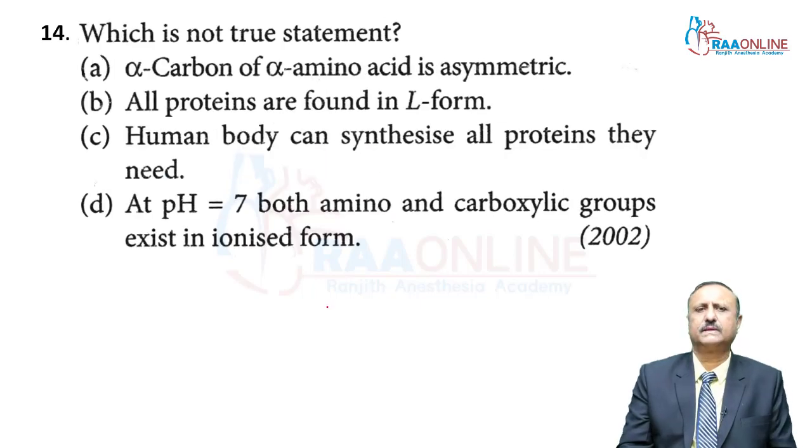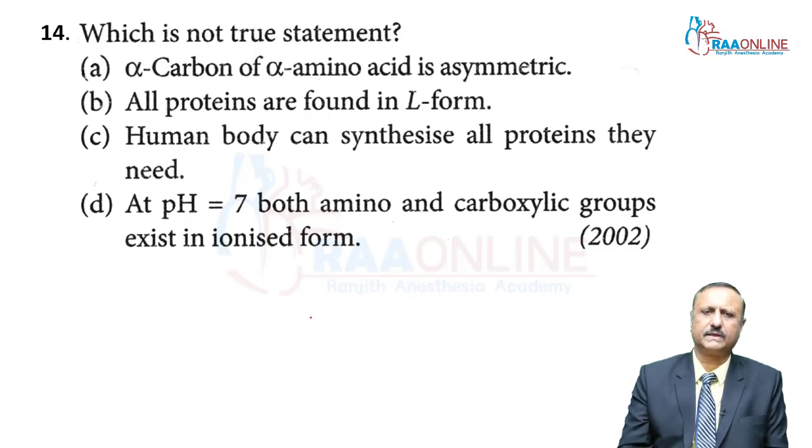Now, we can see question number 14, my dear students, which is not a true statement. A, alpha carbon of alpha amino acid is asymmetric, or B, all proteins are found in L form, or C, human body can synthesize all proteins they need, or D, at pH is equal to 7, both amino and carboxylic acid groups exist in ionized form.